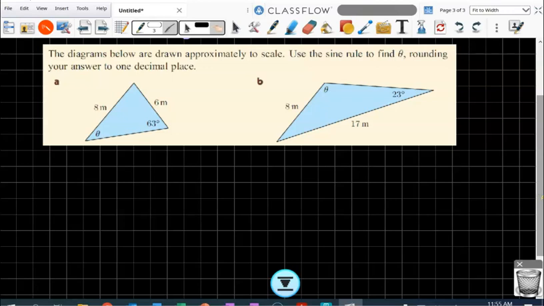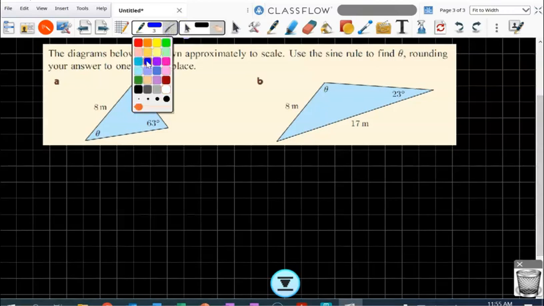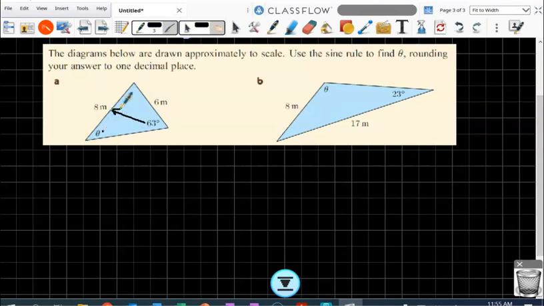We've got the diagrams. We want to find our answers to one decimal place. Once again, we've got a known pair. But this time I want to find an angle, and luckily I have its opposite length. To save us a little hassle, instead of having A over sine A, because our angle is unknown, I'm going to start with sine of the unknown over 6.